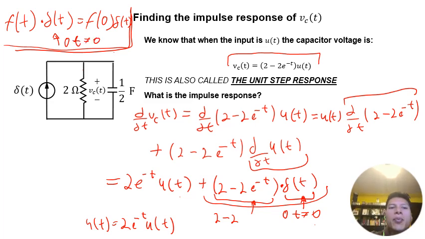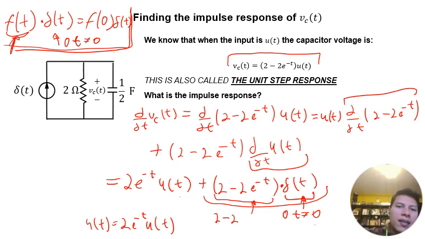So we can place whatever we want for the function at any time other than 0. As long as it matches at 0, the product will always match, because the delta function is 0 anywhere that's not 0.